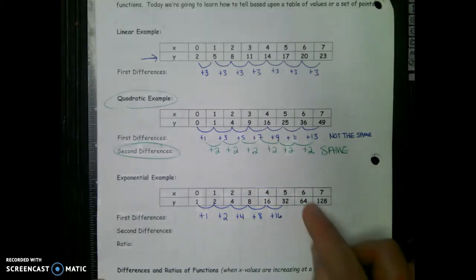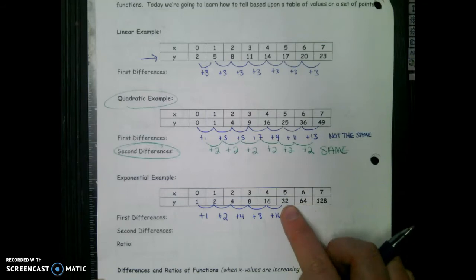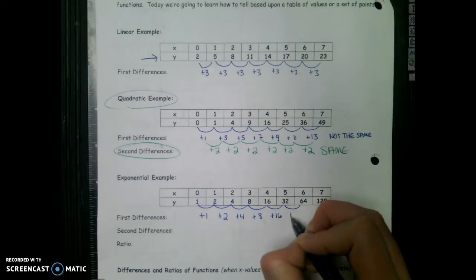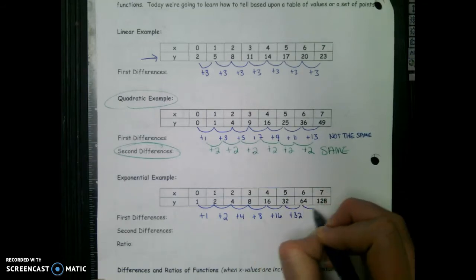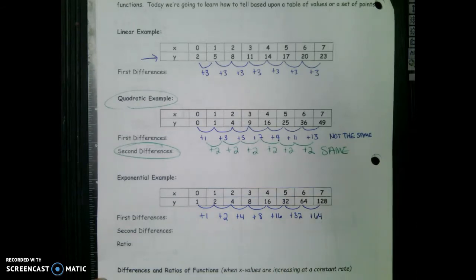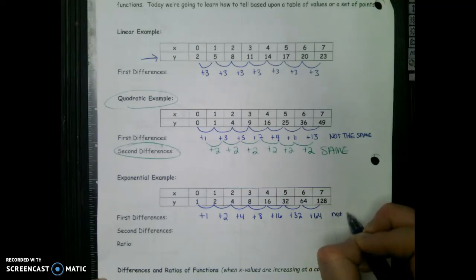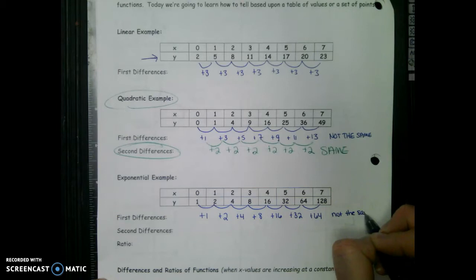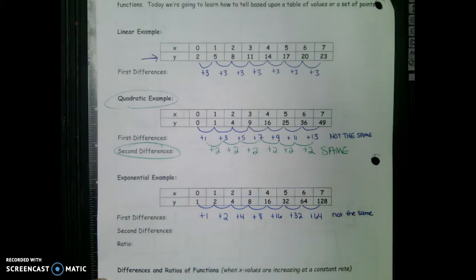If you don't know, the next one, 64 minus 32, this would be adding 32, and this one would be adding 64. Are the first level of differences the same? Not the same. Now let's try the second level of differences.